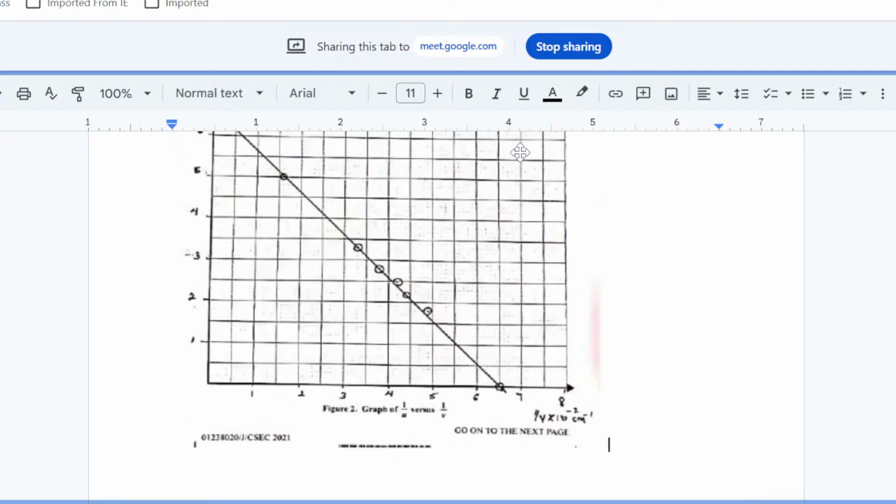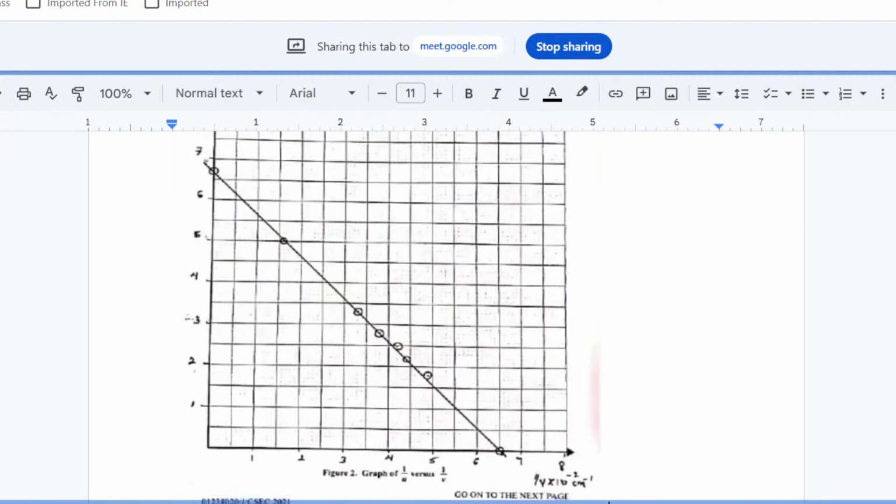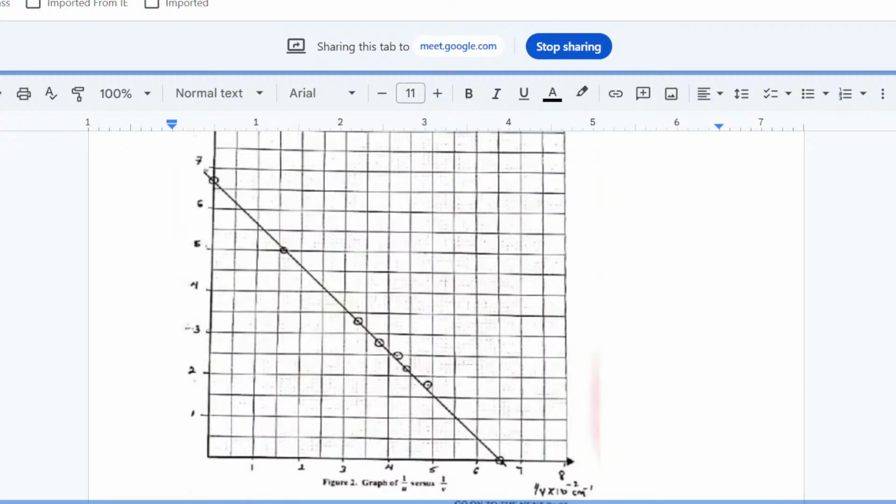So just based on, let me go up a little because you can't see that. What would you estimate the value from this graph to be? 6.8.